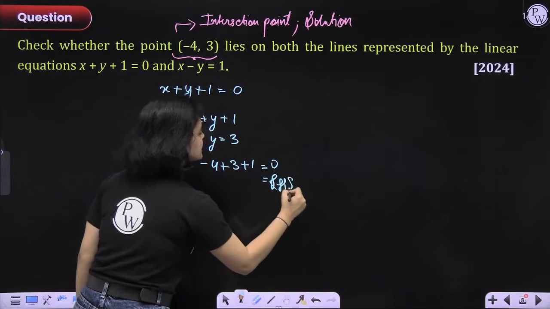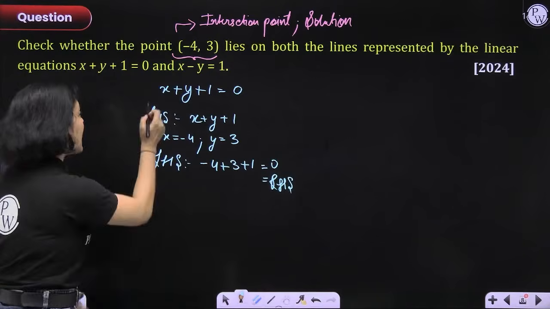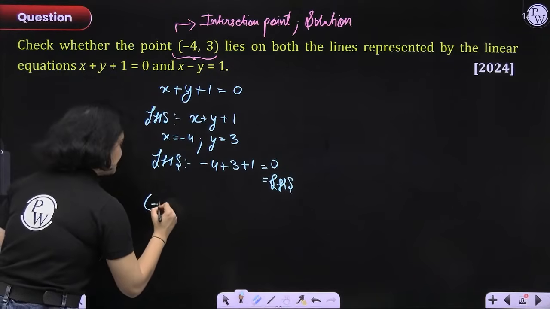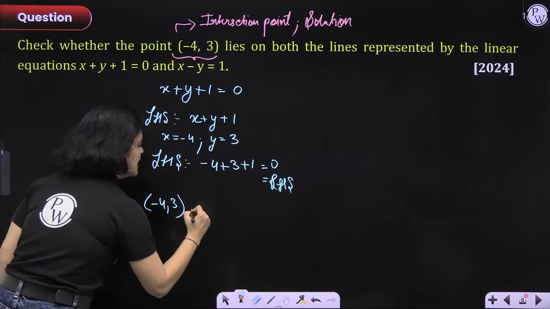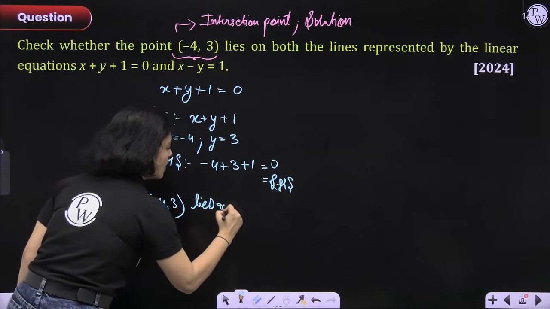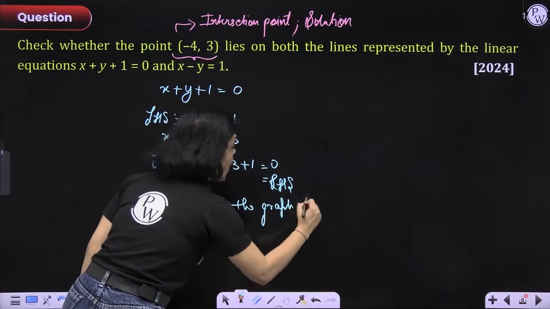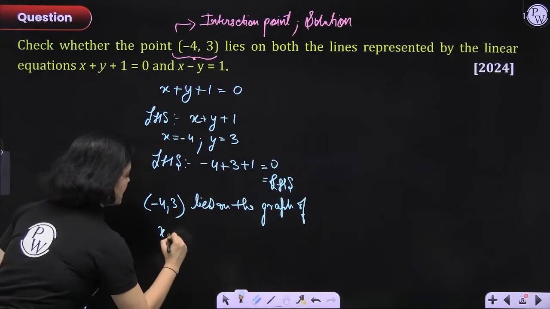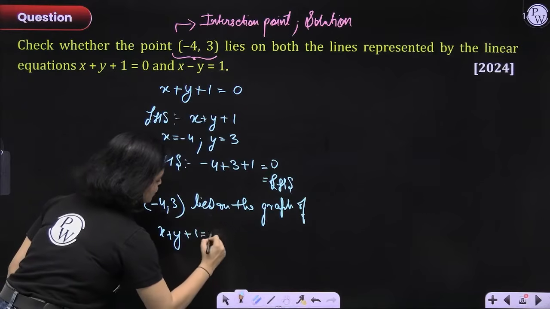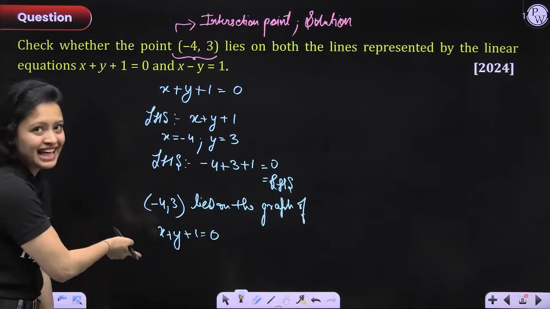So LHS came out to be equal to RHS. That means negative 4 comma 3 lies on the graph or line of x plus y plus 1 equals 0. It does lie on this line's graph, right?